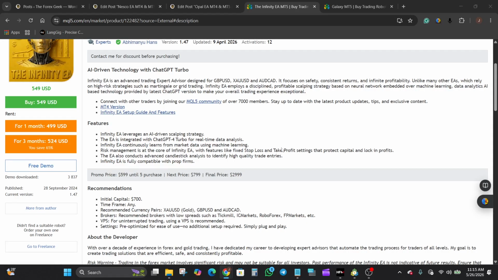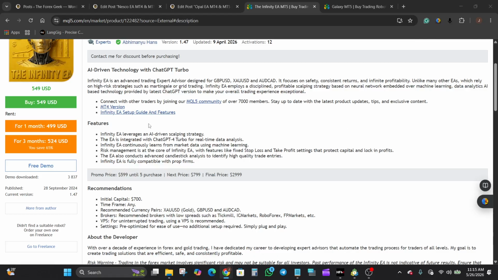It is designed for pairs like XAU USD, GBP USD, AUD CAD, right? And it's also recommended for any time frame, which suggests flexibility depending on how you want to deploy it. The setup is described as plug and play. So it looks like minimal configuration is required once installed.